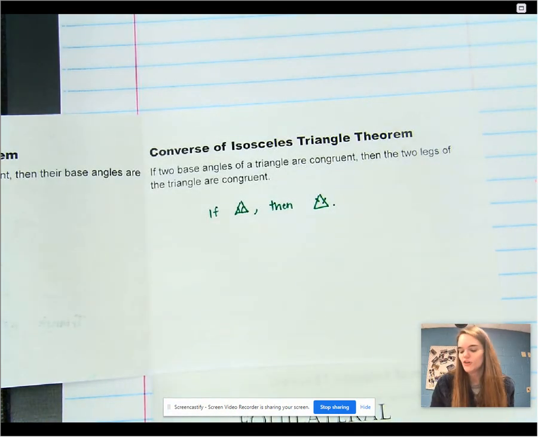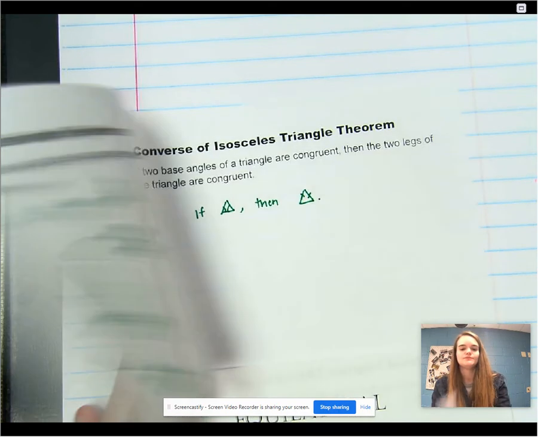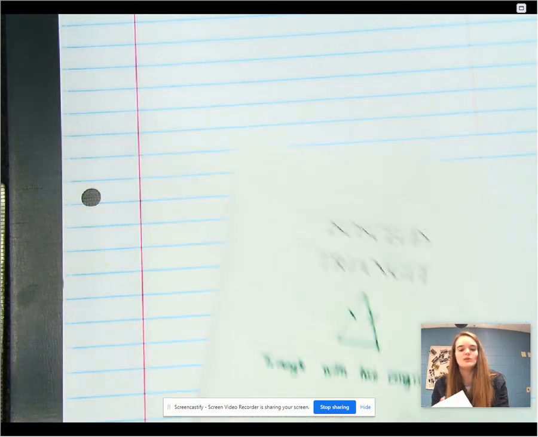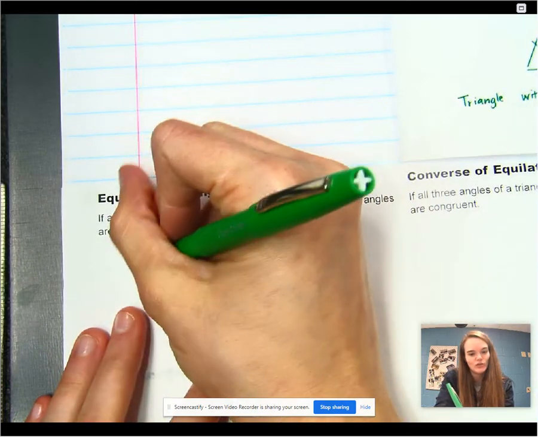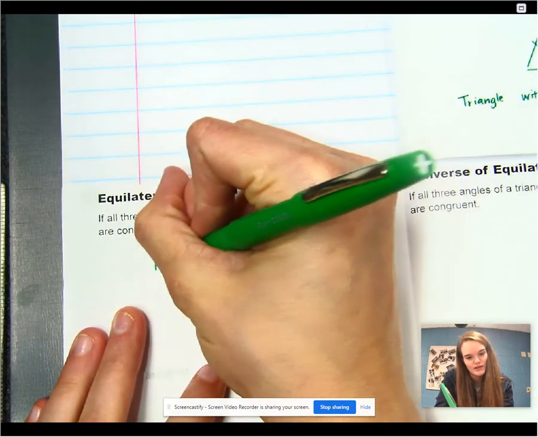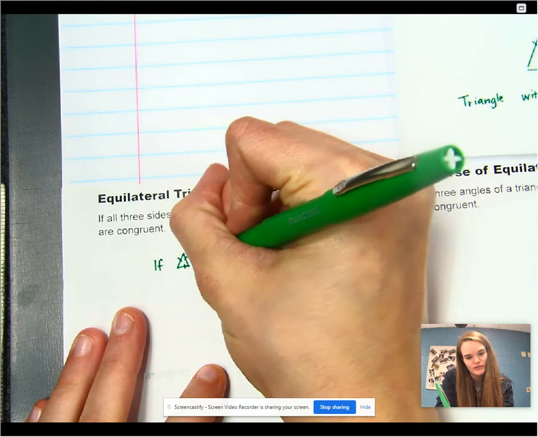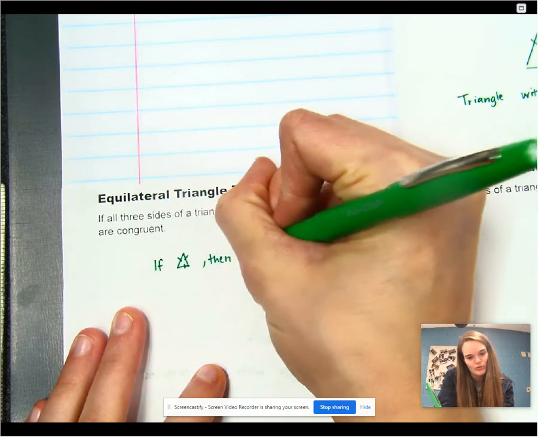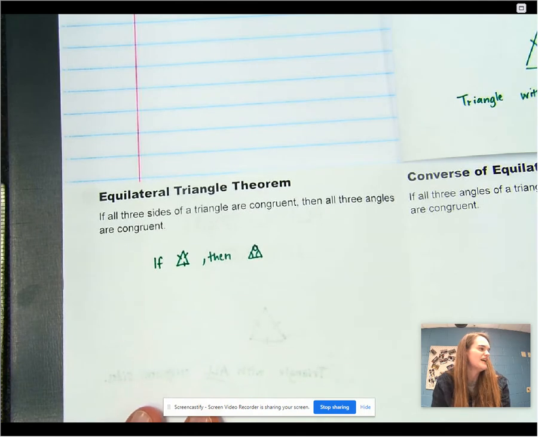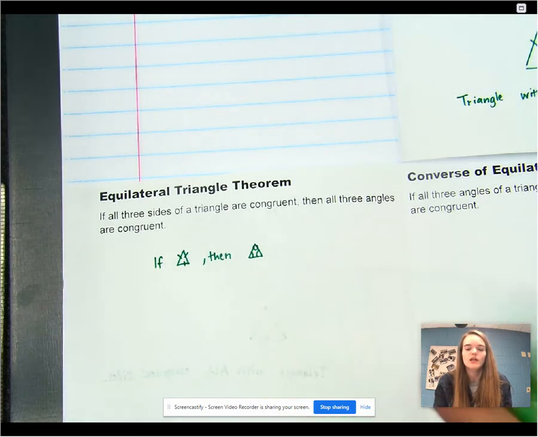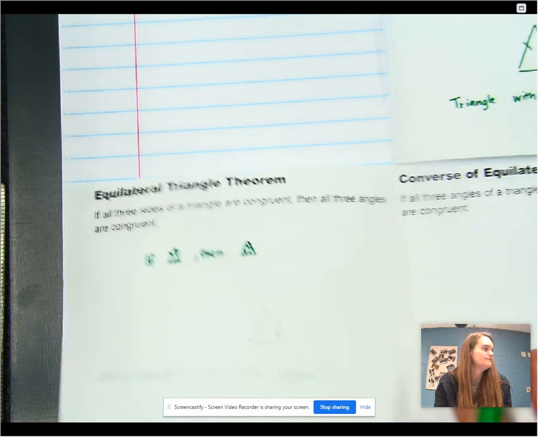Okay, let's talk about an equilateral triangle. In an equilateral triangle, if all three sides are congruent, then all three angles are congruent. By the way, since they're all congruent, it's 180 divided by 3, so they are 60 degrees apiece.